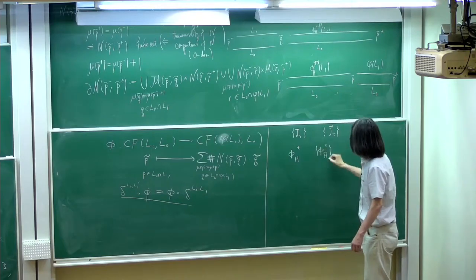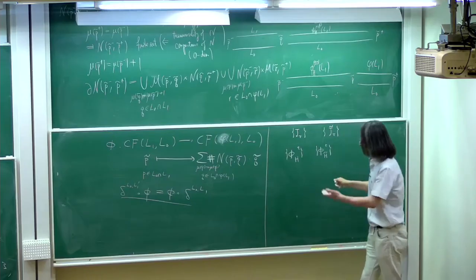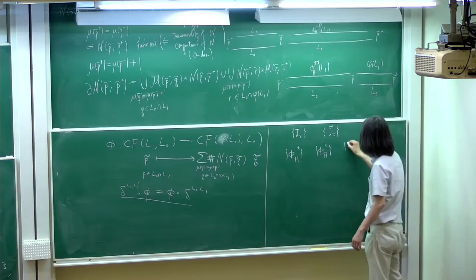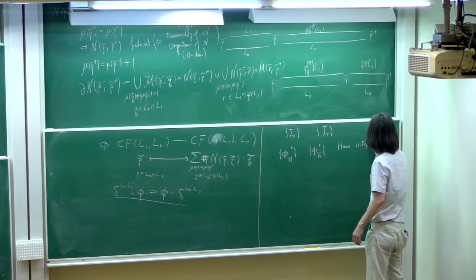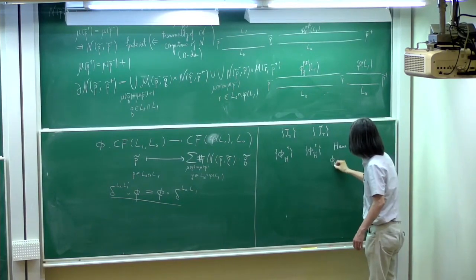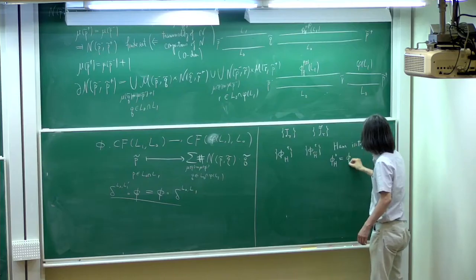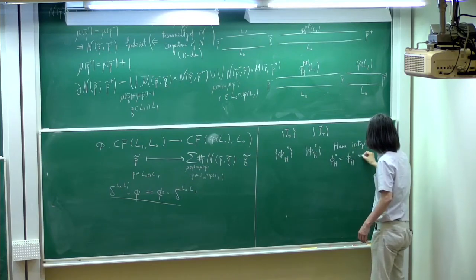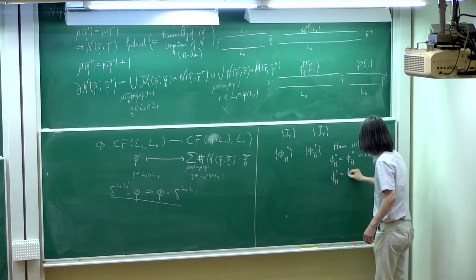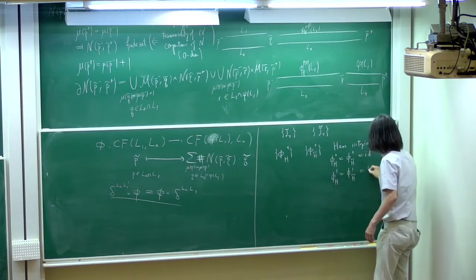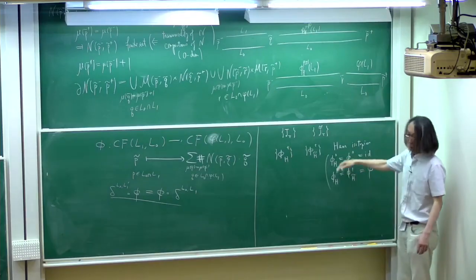Both are Hamiltonian isotopies, starting from the identity and ending up with the same time one map. So you have several choices.